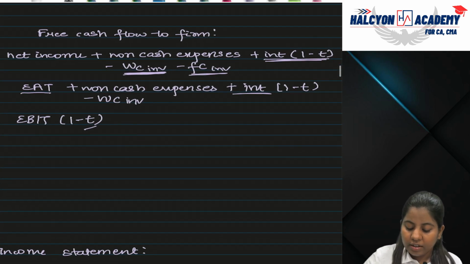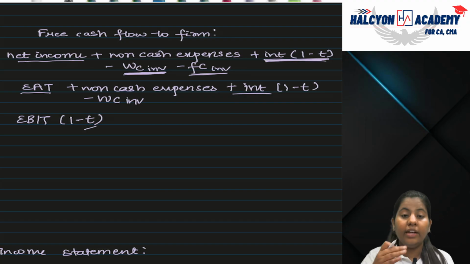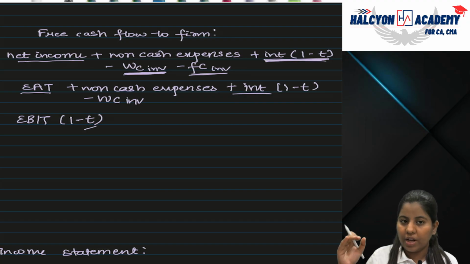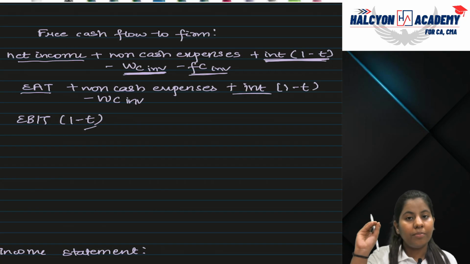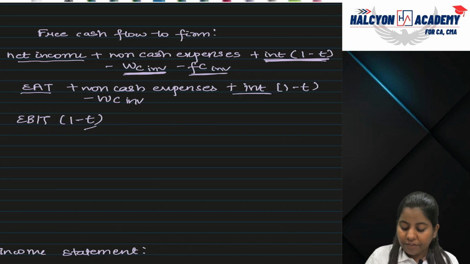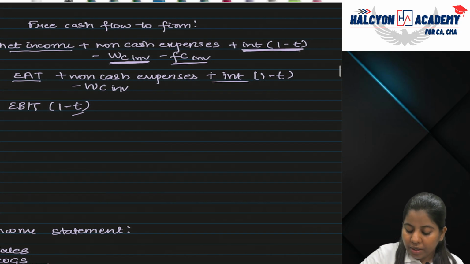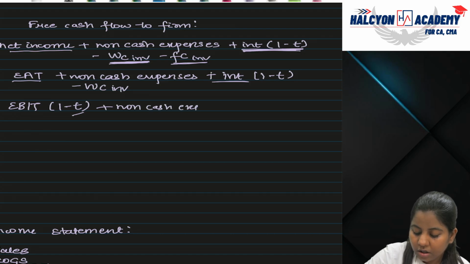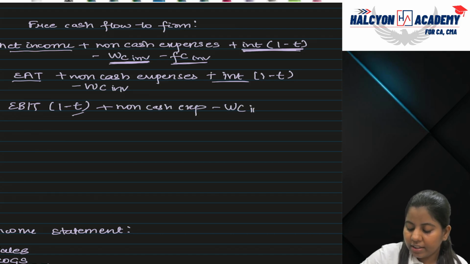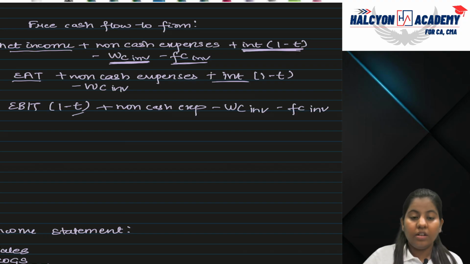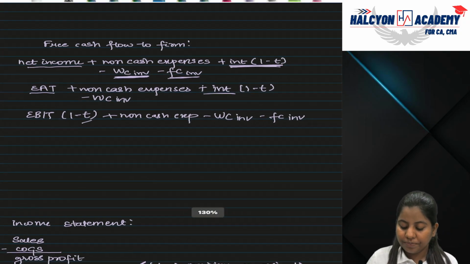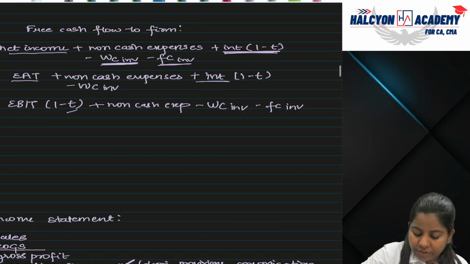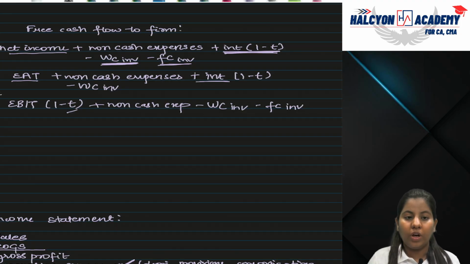Instead of writing net income plus interest (1 minus tax), can we write EBIT (1 minus tax)? Okay. Plus non-cash expenses, minus working capital investment, minus fixed capital investment. So we can write any one of the formulas.